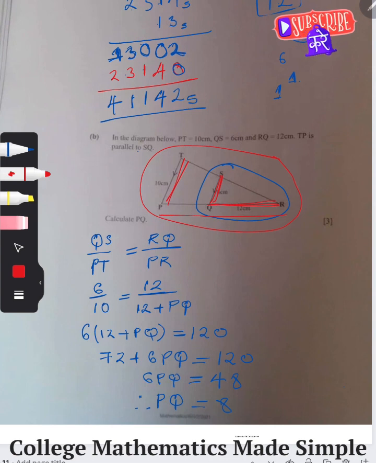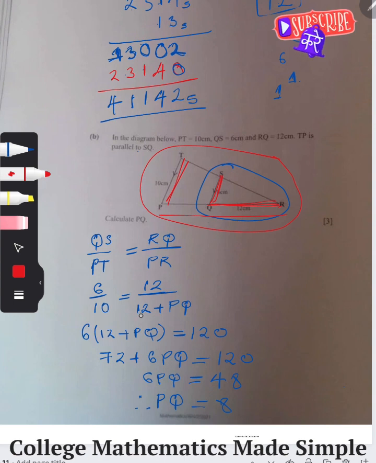Okay, now QS is just 6 and PT is 10 and RQ is 12. But PR, remember PR is from PQ to QR. But we have RQ, which is QR, which is 12 centimeters. We do not have PQ, which we are looking for.